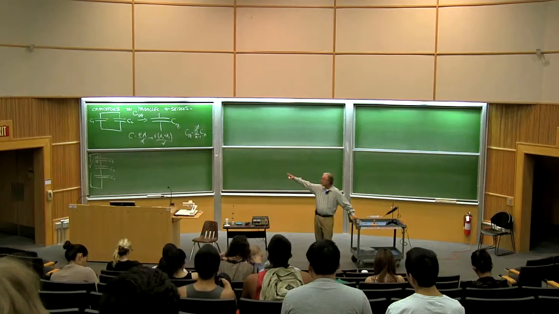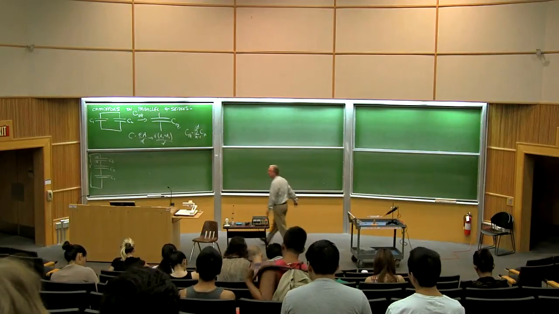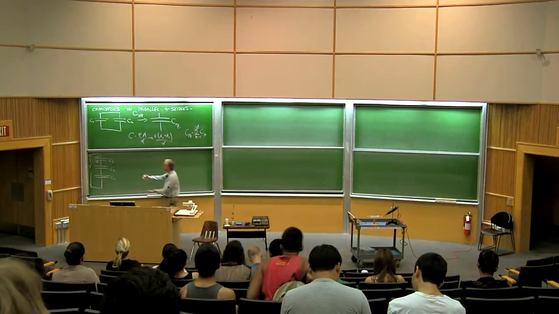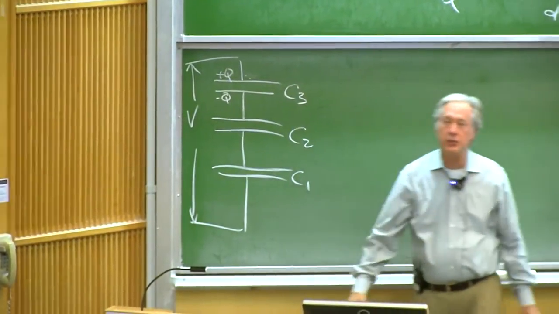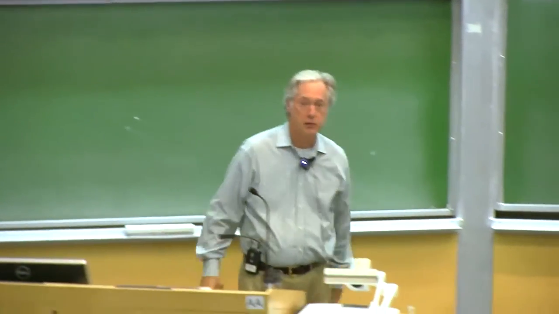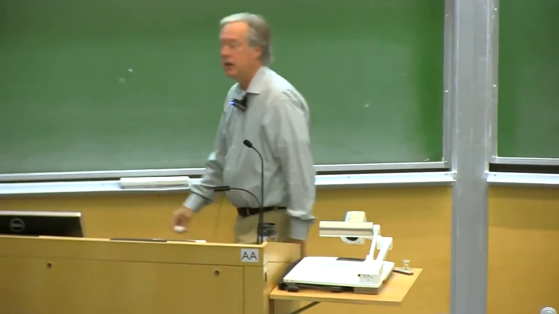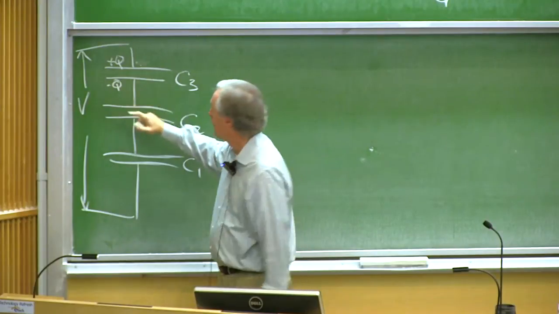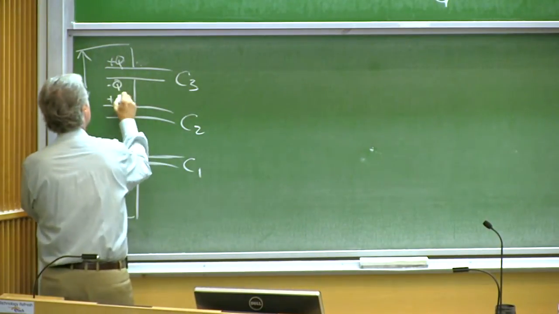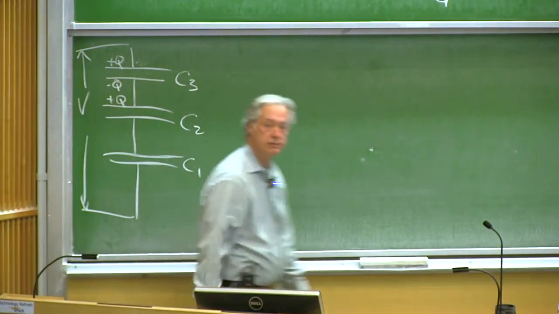As a result, we have a plus Q and a minus Q. If we look at just the bottom plate from the top capacitor and the top plate from the middle capacitor, they are electrically isolated from the rest of the universe. If a minus Q was drawn up here to the top, then we must have left down below a plus Q.